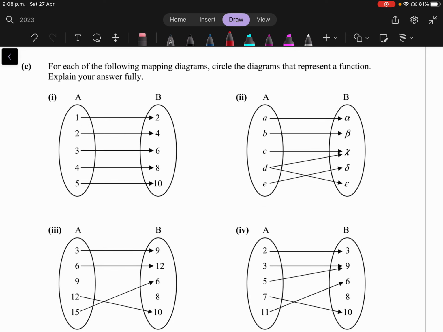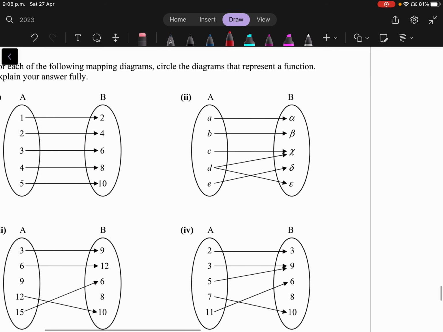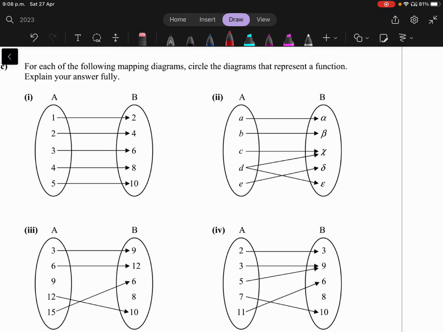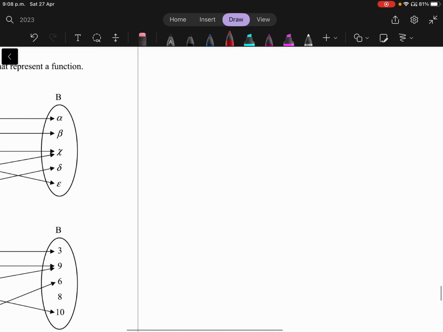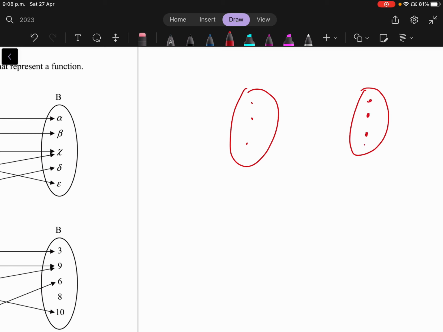Okay, for each of the following mapping diagrams, circle the diagram that represents a function. So this we didn't discuss in the class. For a diagram like this to be identified as a function, there are two conditions. If you have 1, 2, 3 here and another 1, 2, 3, 4 here, this is called the domain, and this is called the range.